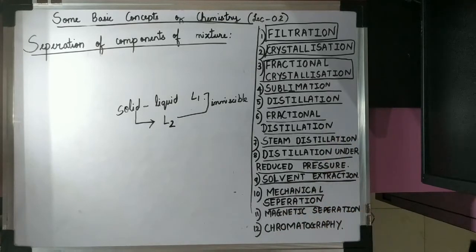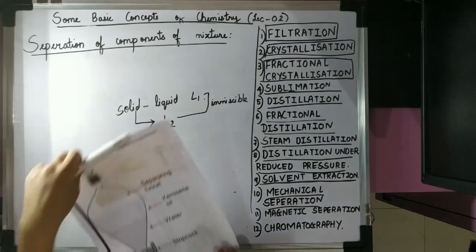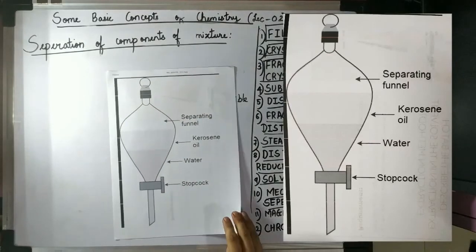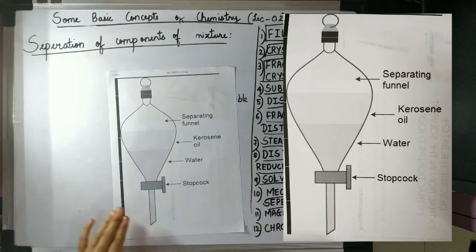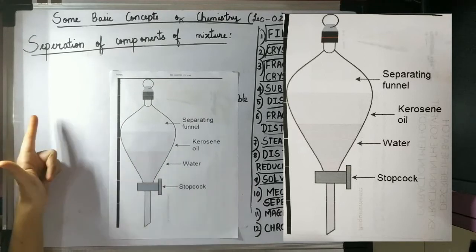In both cases we are in a way decanting, but here both are liquids, whereas there it was a solid and a liquid. The same separating funnel which was used in solvent extraction is used in mechanical separation. So we have two immiscible liquids, like water and chloroform. Here we have water and kerosene oil.